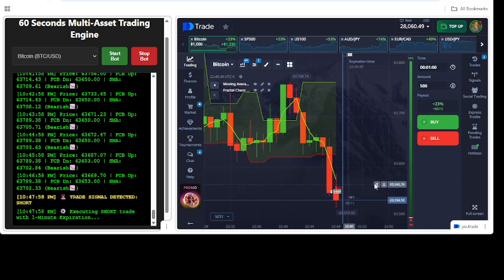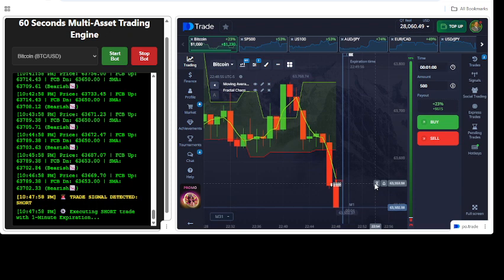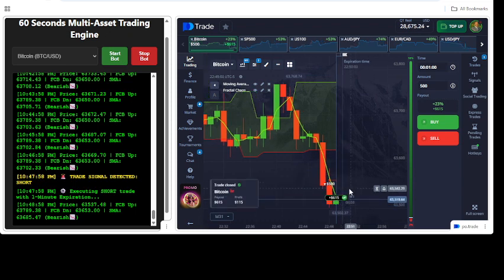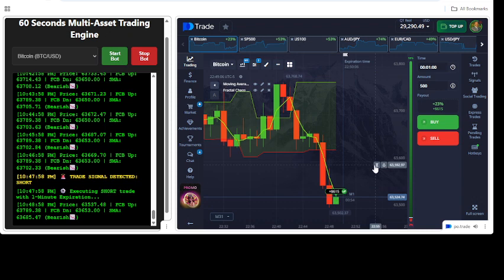So let's monitor this 60-second trade. And it appears to be breaking downward here. Okay, great. So we won. I took two trades, so we won that trade.